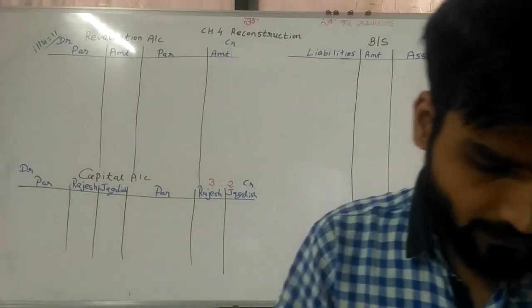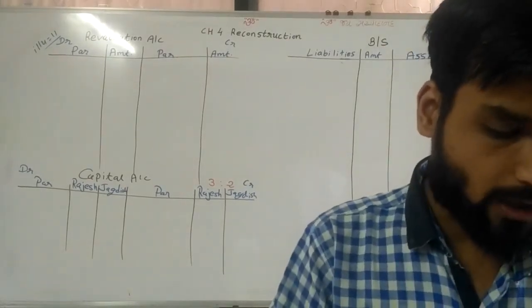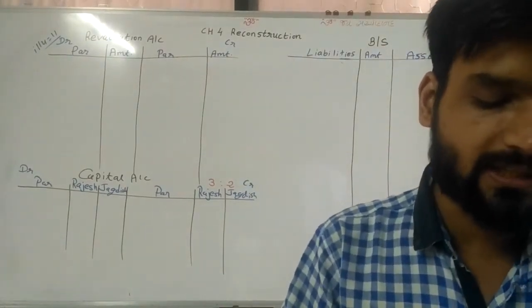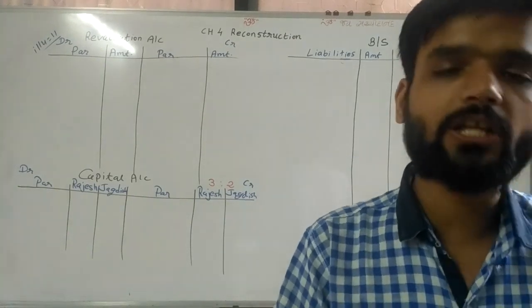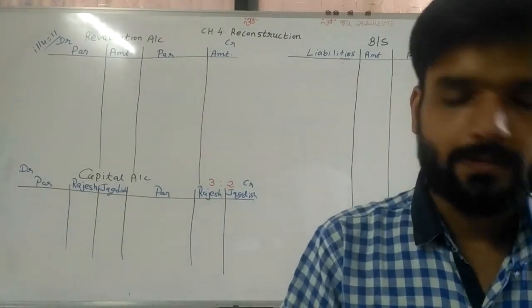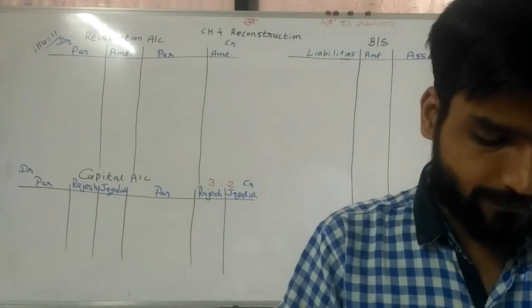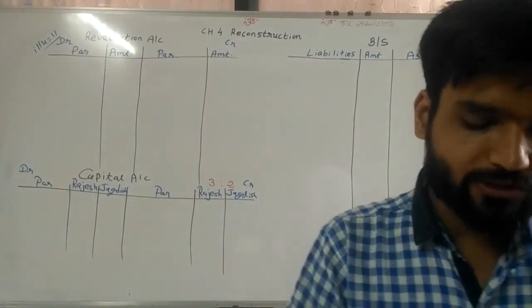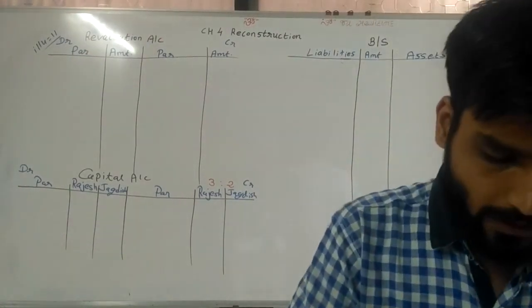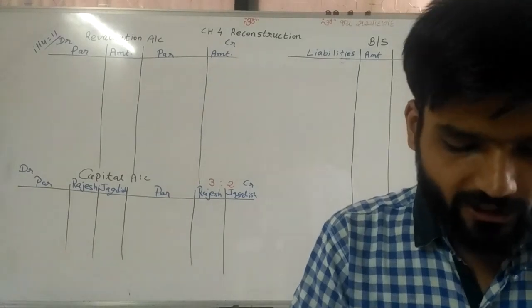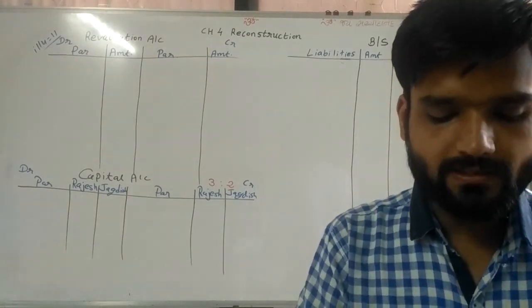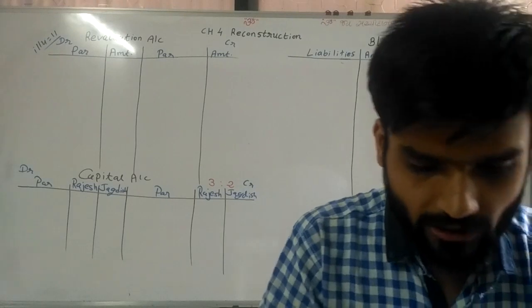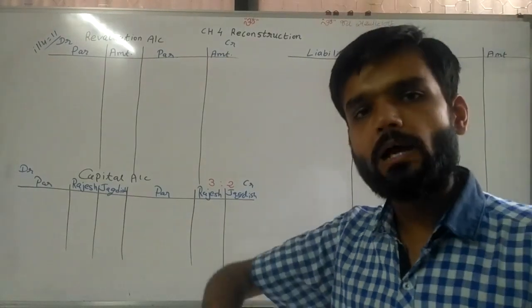Next, the balance sheet of the firm as on 31/3/17 is as follows. So that balance sheet is given under the question. Now we are reading the additional information first. Partners have decided the revaluation of assets and liabilities. So Rajesh and Jagdish decide to revalue assets and liabilities.